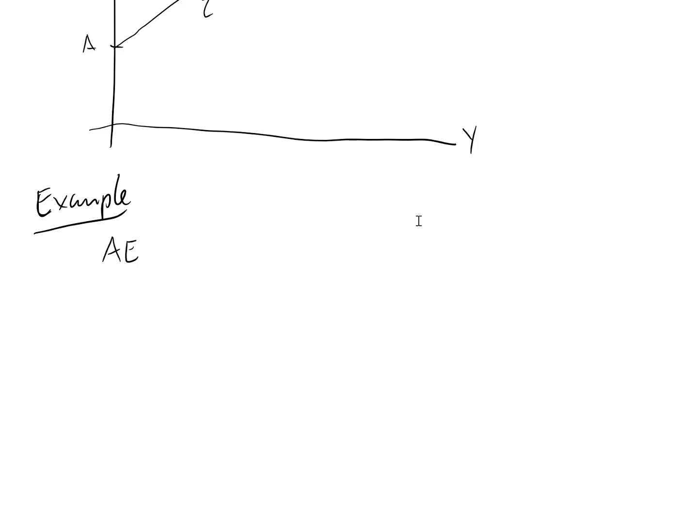Remember, AE equals C plus I plus G plus NX. And now we're going to use the same functional forms. We're just going to give numbers for these different letters that we had before, for A and things like that. So let's imagine our consumption function is 30 plus 0.8 times YD, or disposable income.